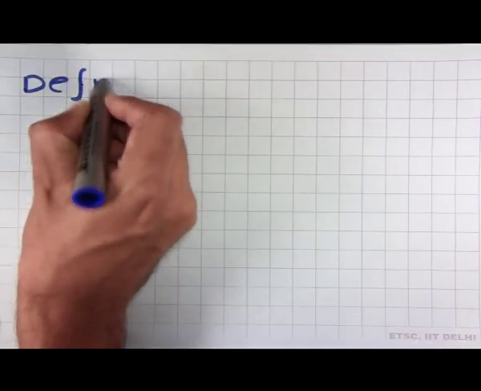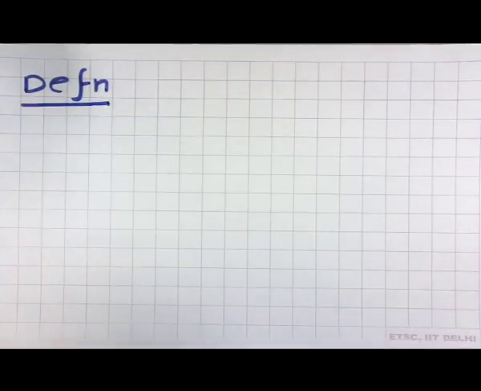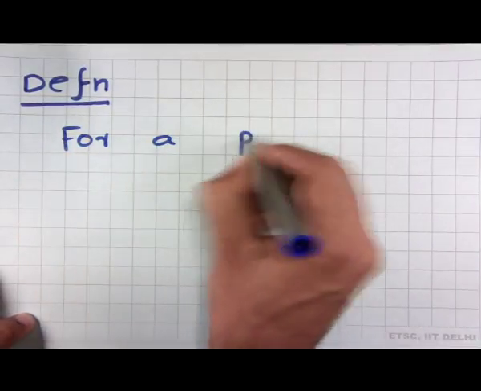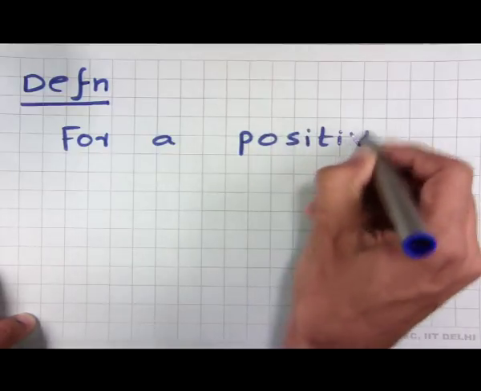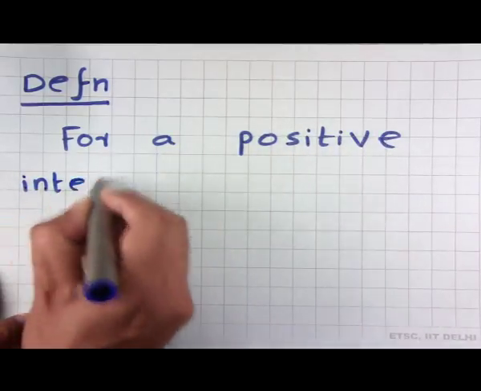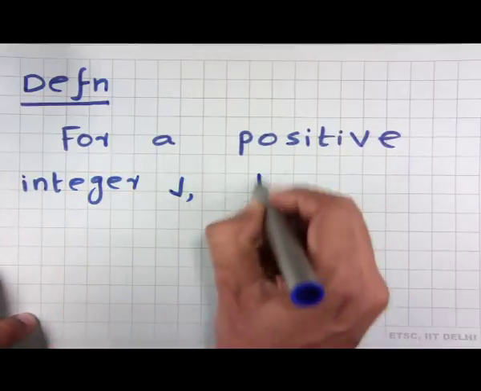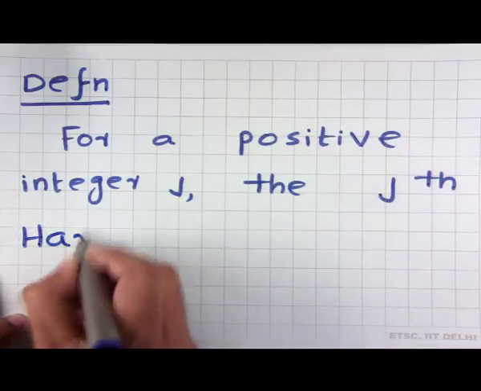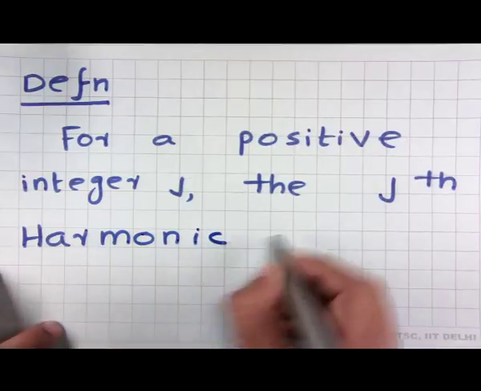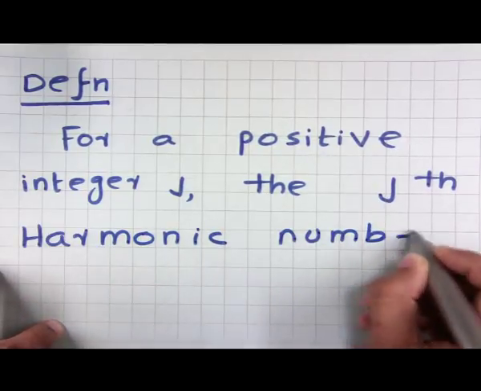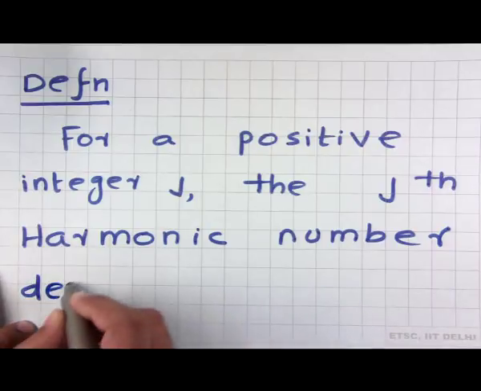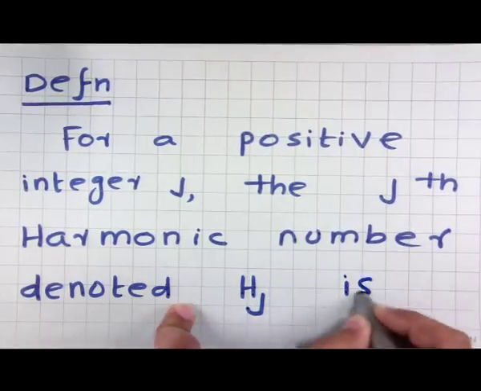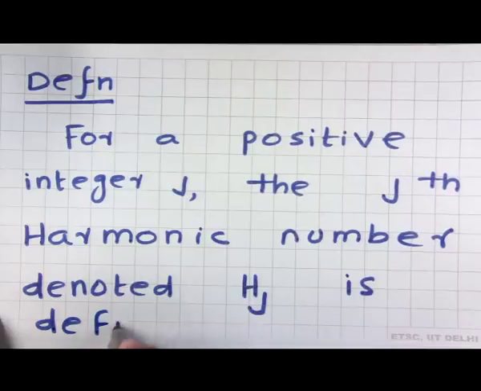As a background work for the next example, let us have this definition. For a positive integer j, the jth harmonic number, denoted by H suffix j, is defined as follows.